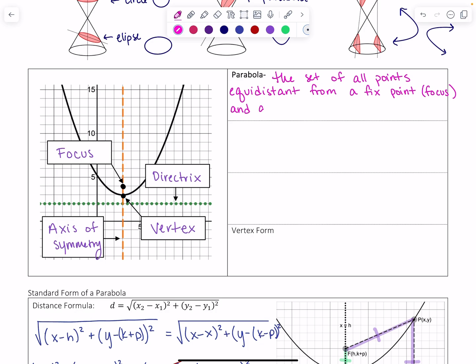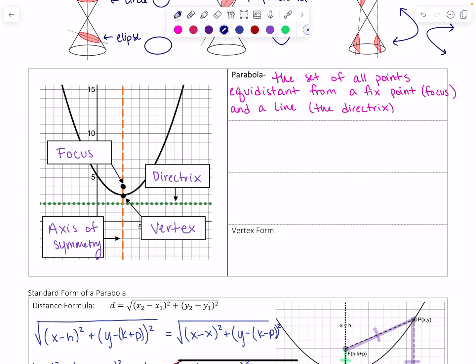And a line called the directrix. Again, a new term today. So no matter where you're at on this parabola, the distance between your focus and that point, and the directrix, is going to be the same. It doesn't matter if you're going from here to here, or from here to here. It's going to be the same no matter what.